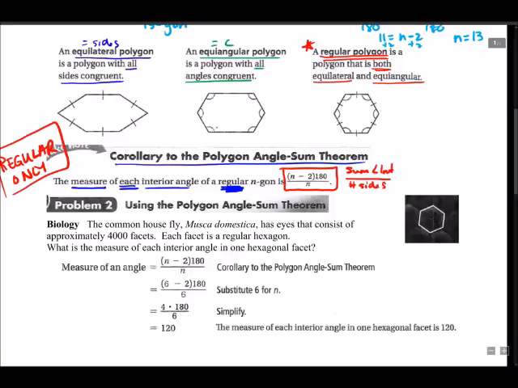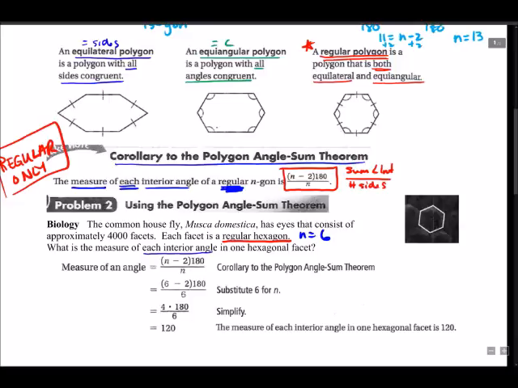It says the common house fly has eyes that have 4,000 facets. None of that's important to us. Each facet is a regular hexagon. That is important to us. Hexagon means we know that n equals 6. So what is the measure of each interior angle in one hexagon facet? All right, so we simply write our formula. The measure of one of the angles in our regular hexagon, and we know that n is 6. We substitute in.